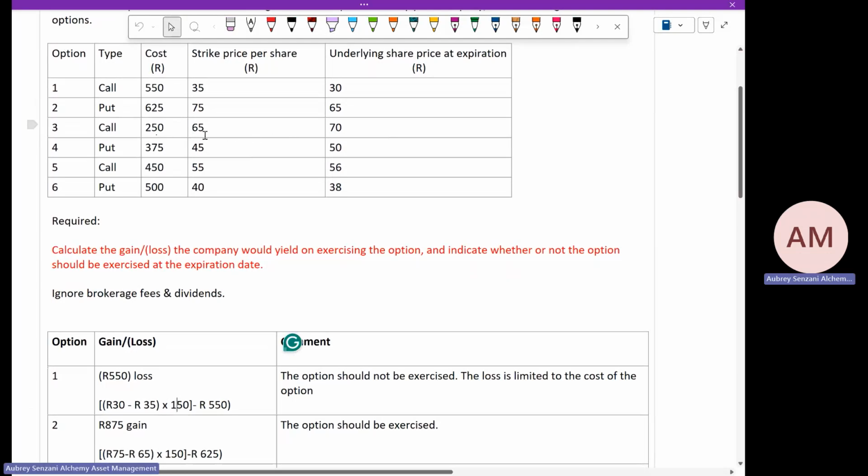The strike is 65 and the spot price, the price at expiration, is 70. In other words, the price in the market for this share, is it higher or lower than the price at which we can exercise our option?